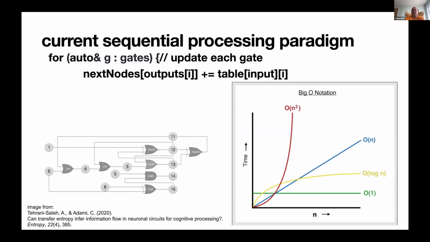Now, let's look at how we are currently evaluating Markov brains, right? We're not using a single logic gate on the CPU to update a single logic gate in the Markov brain. In fact, we have a for loop that iterates over all gates, and then for each gate, we have a complicated memory lookup table. If you think about the gates that you're using to support this, it's mind-boggling how many gates you're using to actually run even the smallest Markov brain.